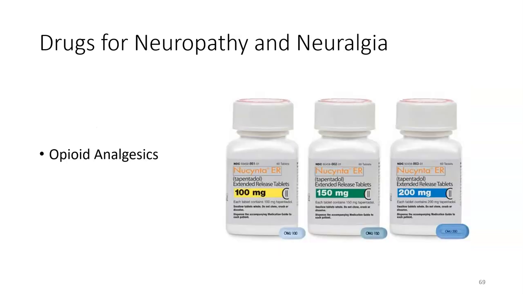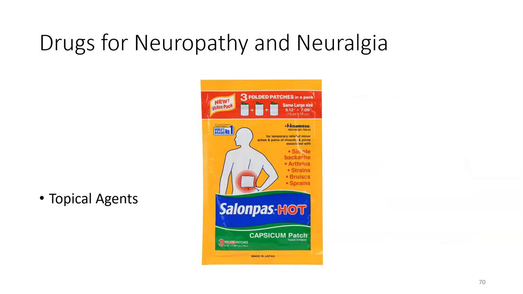And then we can use opioid analgesics. So tapentadol is Nucynta, and this is a controlled substance. This is related to the opiates that we talked about in chapter 5. So we know most opioids are C2s. And then we have topical agents. So we talked about capsaicin again in chapter 5.